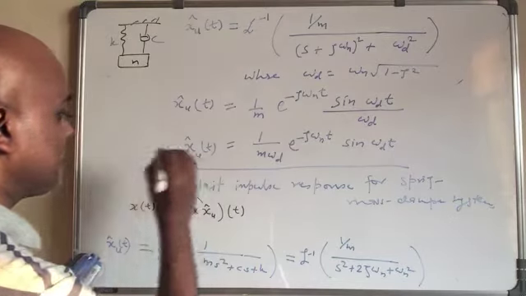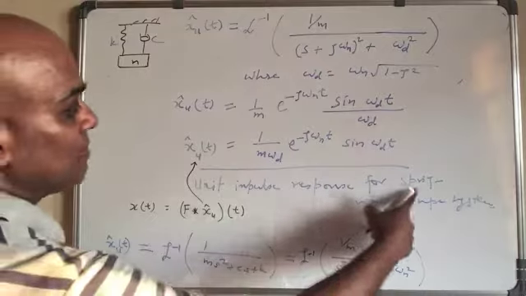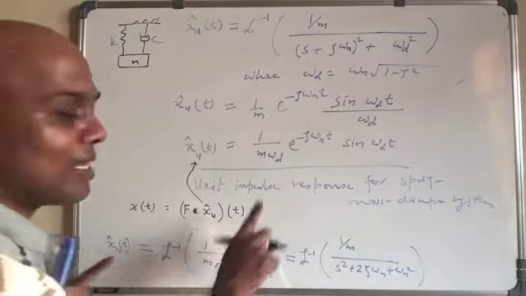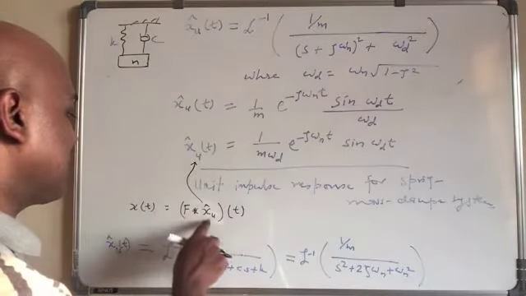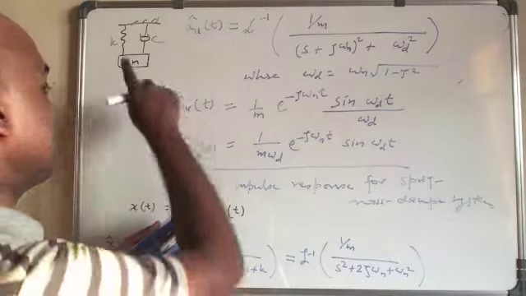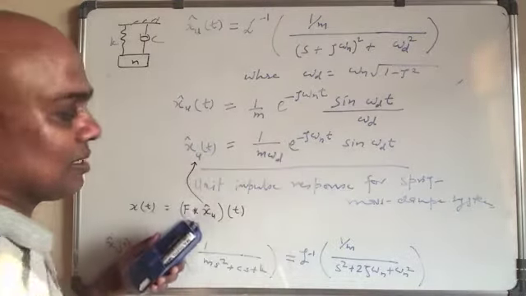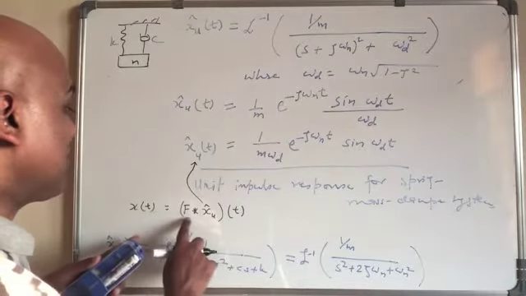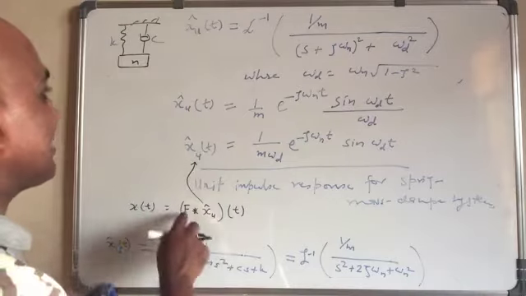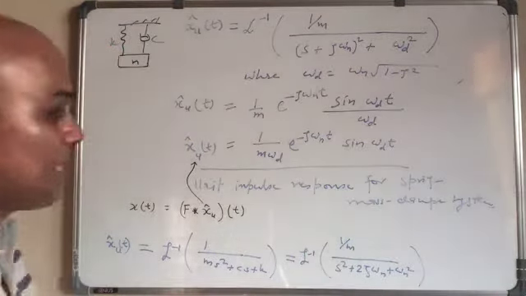This is for the spring mass damper system, and this is always valid, as I said earlier. Earlier we had this for a spring mass system only. Now for a spring mass damper system we have the new unit impulse response. So now we do the convolution of any arbitrary force with this one, and you get the solution x of t.